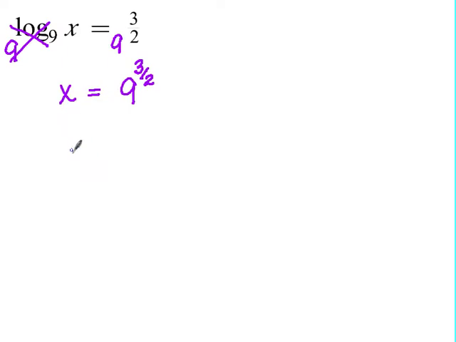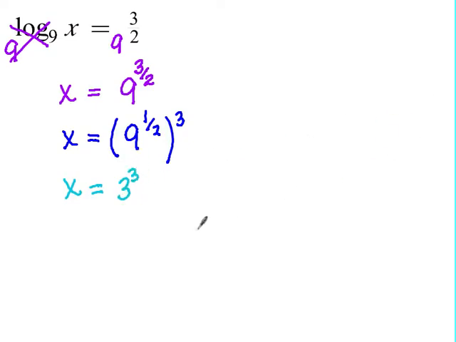I can write that as 9 to the 1/2 quantity cubed. Now what is the square root of 9? 3. And now I'm going to cube that. So then I'm left with 3 cubed, which is 27. So that is your answer.